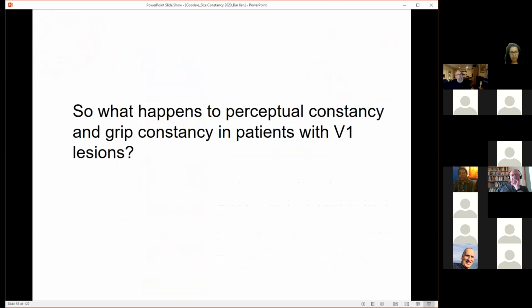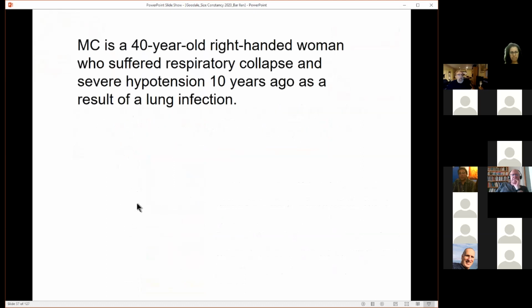And we had an opportunity to look at such a patient. This slide is a bit out of date, but she's now 45. By the time we first began to test her, she was 40. And she basically had an iatrogenic problem.